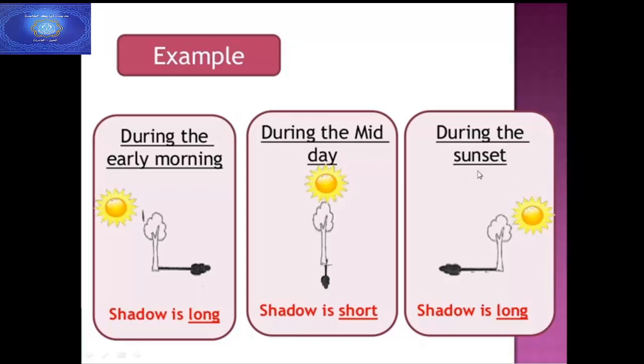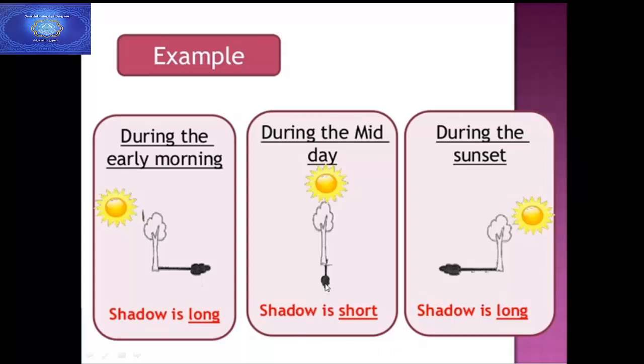During sunset, in the evening, the shadow will also be long. But between early morning and midday, the shadow forms long, then becomes shorter and shorter, then shortest at midday.